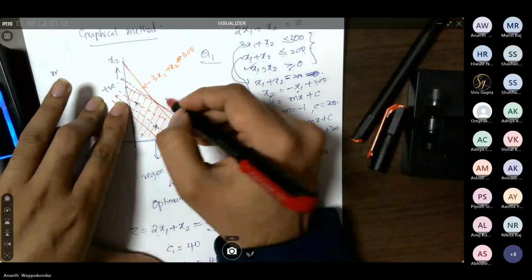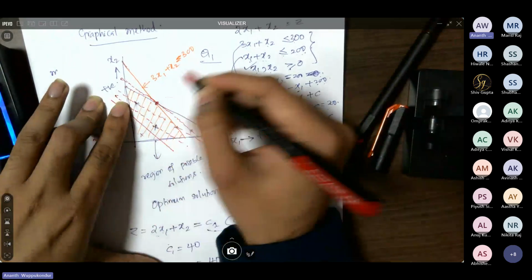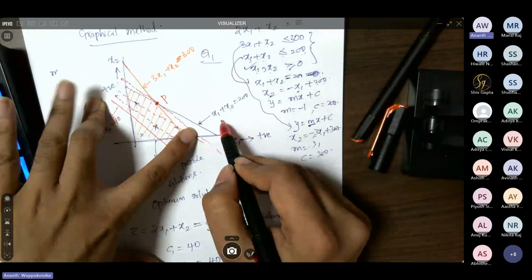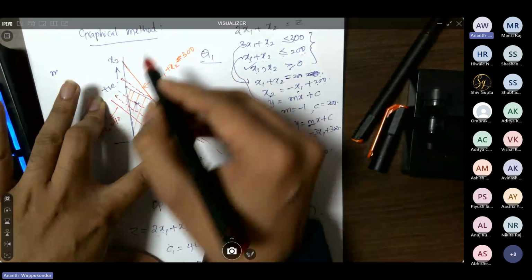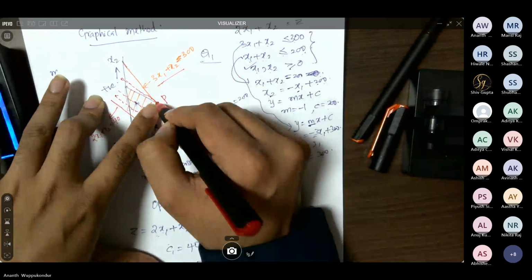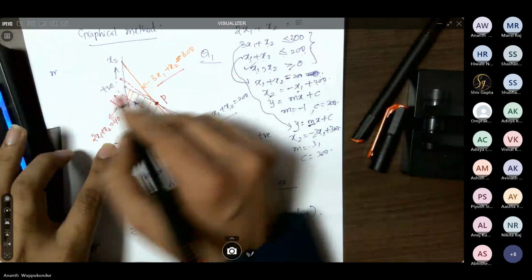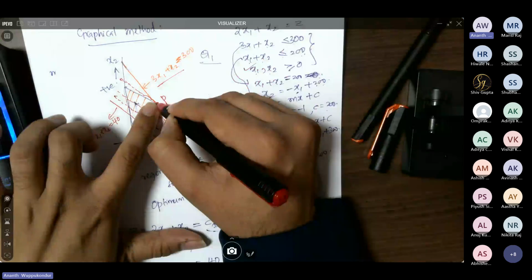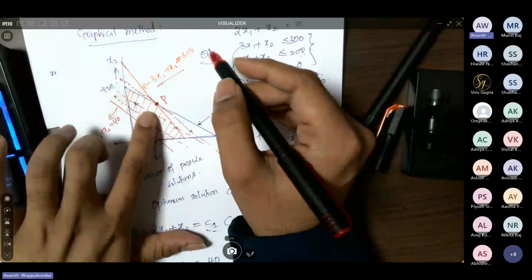So here, both our line 1 and line 2, which are x1 plus x2 equals 200 and 3x1 plus x2 equals 300, are both meeting at this point P. And if I start drawing a line parallel to our Z, this is where all the three lines would meet, and this becomes our optimum solution.